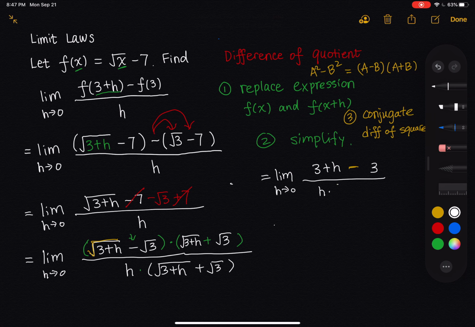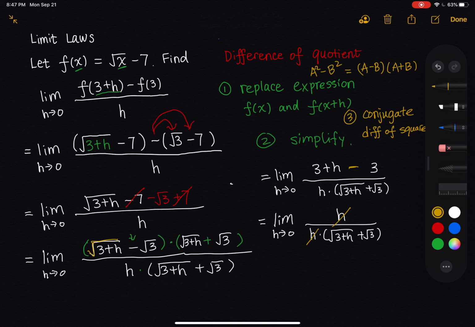In the bottom you do not expand, because expanding doesn't help us anyway. So you rewrite the whole thing, h goes to 0. On the top, 3 minus 3 is 0, so it's just h left. In the bottom you have h times the square root of 3 plus h plus the square root of 3.